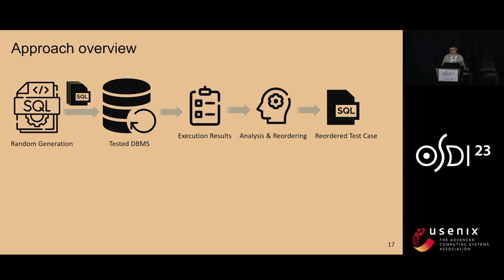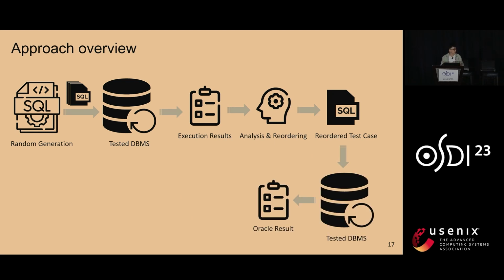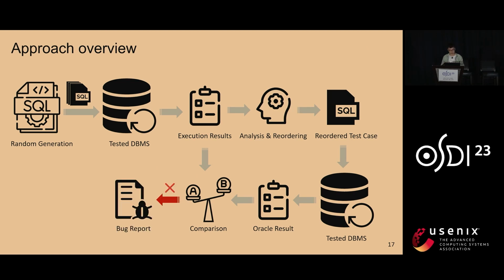Then we send the reordered test case to the database management system again and get its execution result. This result is used as the oracle. Lastly, we compare the execution results of the original test case and the reordered test case. If their results differ, we identify a bug.